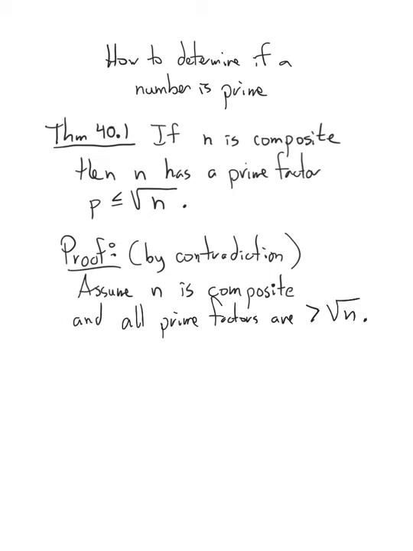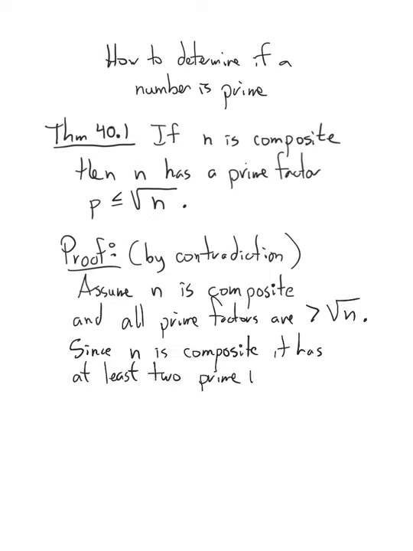Now, what does that mean? So since n is composite, well, what does that mean? It has at least 2 prime factors.